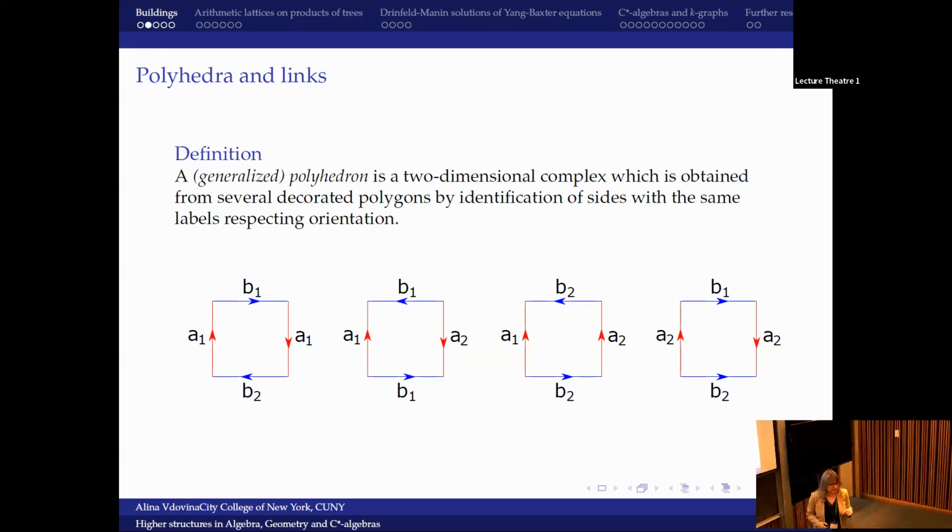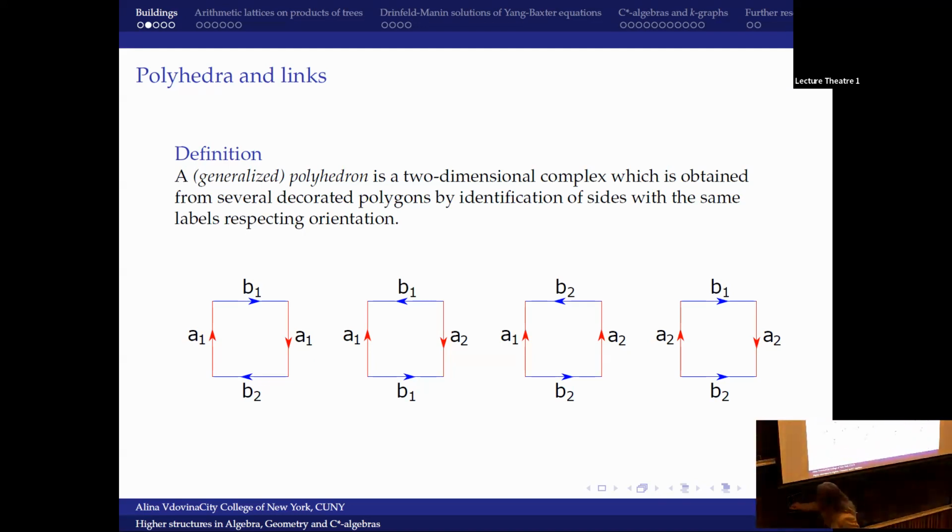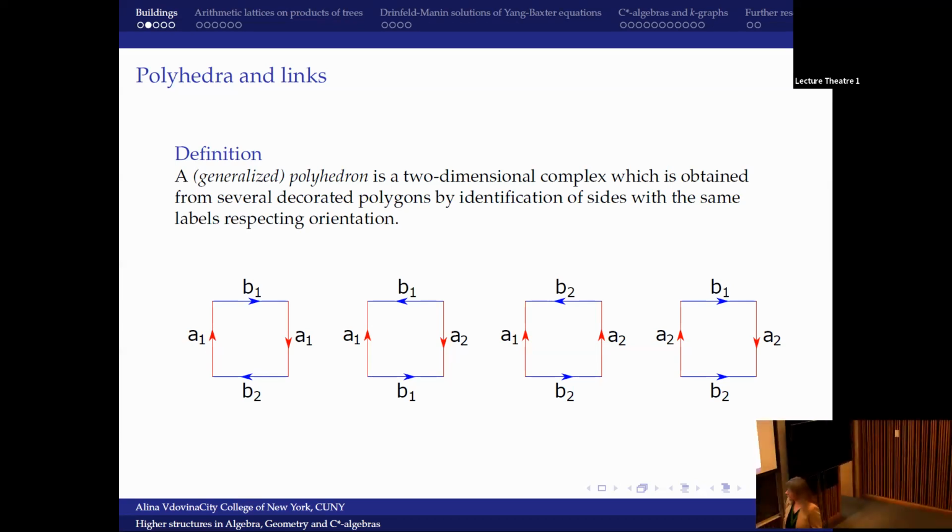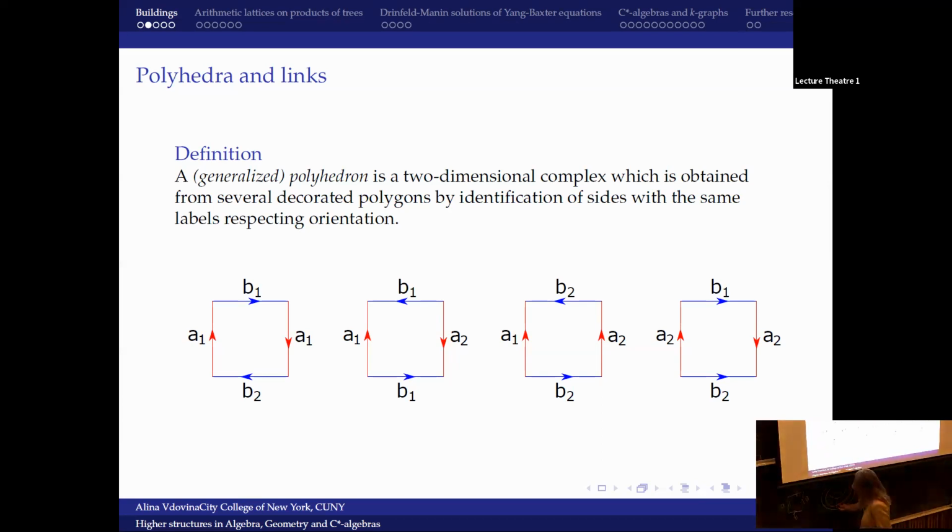They are geometric squares. And probably I should remind you of an example from algebraic topology. When you have a square with the word a b a^-1 b^-1 on the boundary, then when you identify the sides with the same labels respecting orientation, you get a torus. And then you can think of one label as a and another label as b.